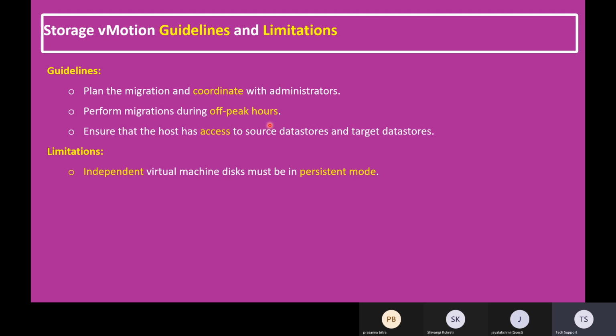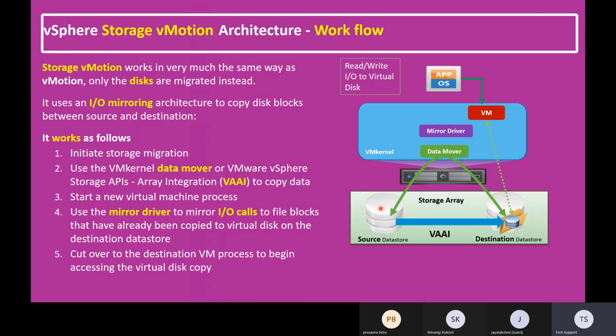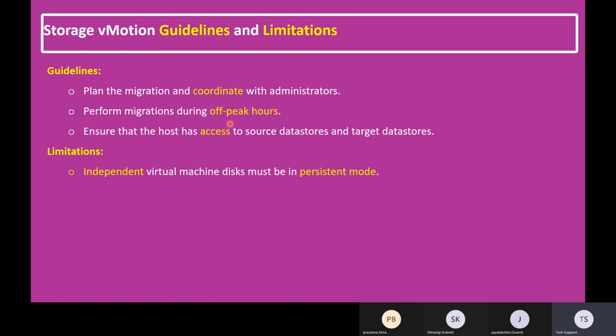So VMware recommends doing it only in non-business hours, and ensure that the host has access to the source datastore and destination datastore. As in our previous diagram, our ESXi host must have access to the source datastore and also the destination datastore. If you do not have destination datastore access, obviously our storage vMotion may fail.